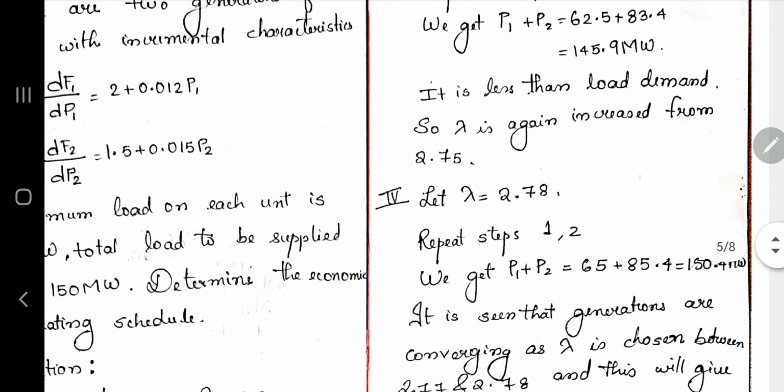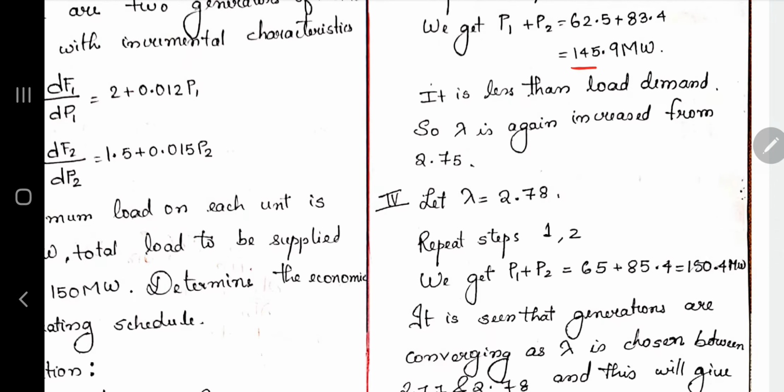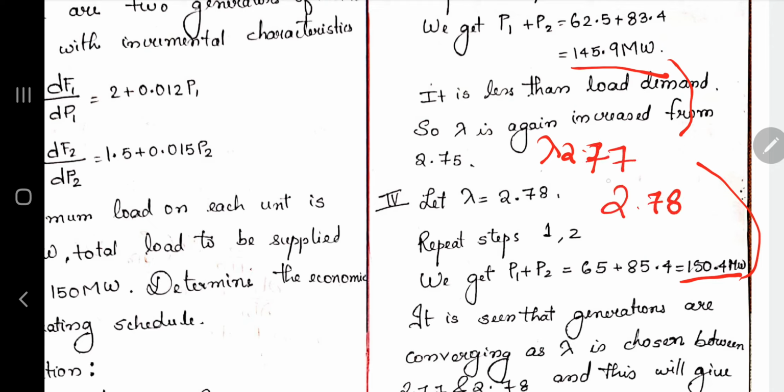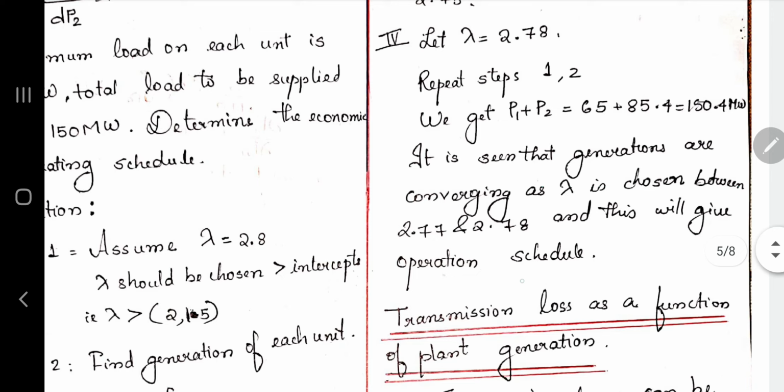At 2.75 the result was 145.9, and at 2.78 it is 150.4, so your answer is in between, meaning lambda between 2.77 and 2.78. Somewhere in between these values you will obtain the correct value of 150 megawatt. Selecting lambda in between 2.77 and 2.78 will give the correct operating schedule. So this is how you have to solve this problem.